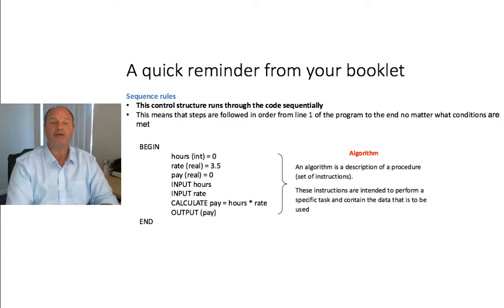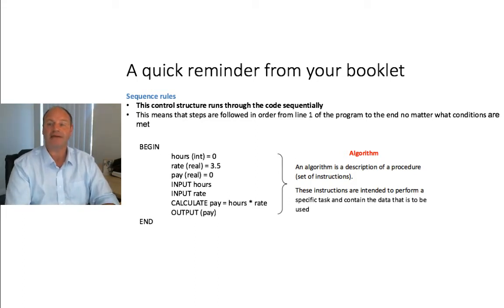You will also notice in this example that hours, rate and pay have all been initialized. Please note carefully how to initialize variables. Hours has in brackets the word int for integer. Hours will only deal with whole numbers. Next is rate.